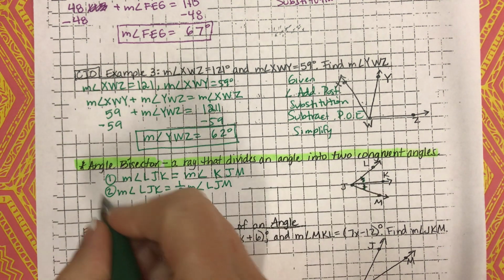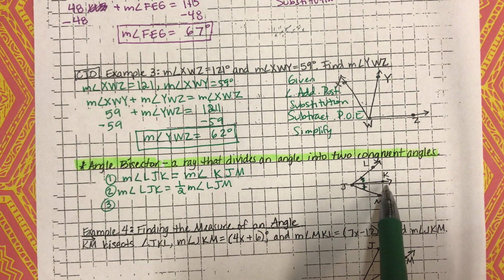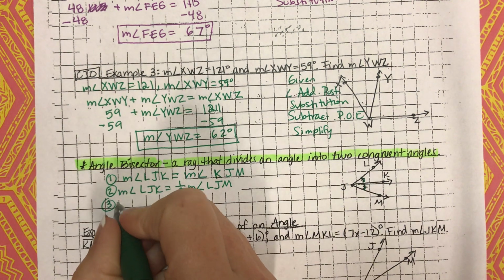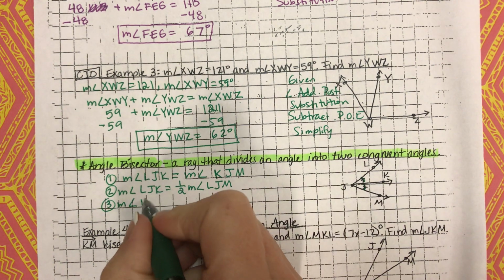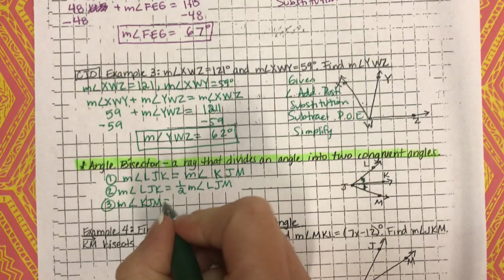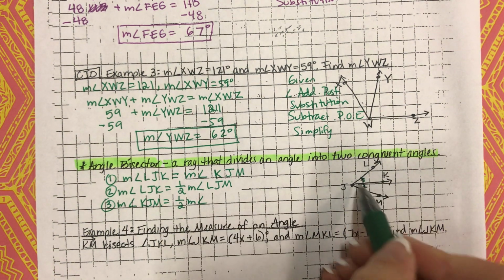The third would be, instead of looking at this small angle, let's look at this one, and this would be half of the whole, right? So the measure of angle KJM is equal to 1/2 of the whole angle LJM.